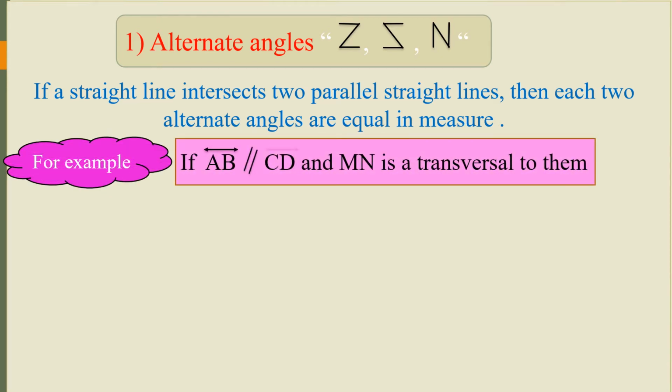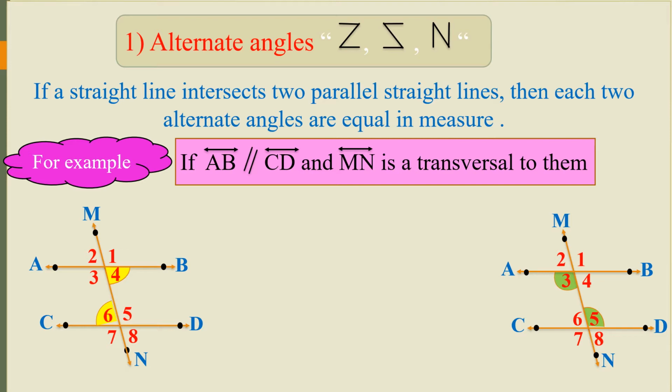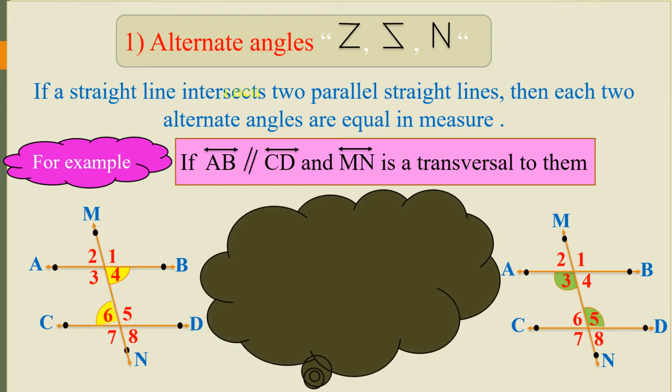For example, if the straight line AB is parallel to the straight line CD and MN is a transversal to them, then measure of angle 4 equals the measure of angle 6 as alternate angles.